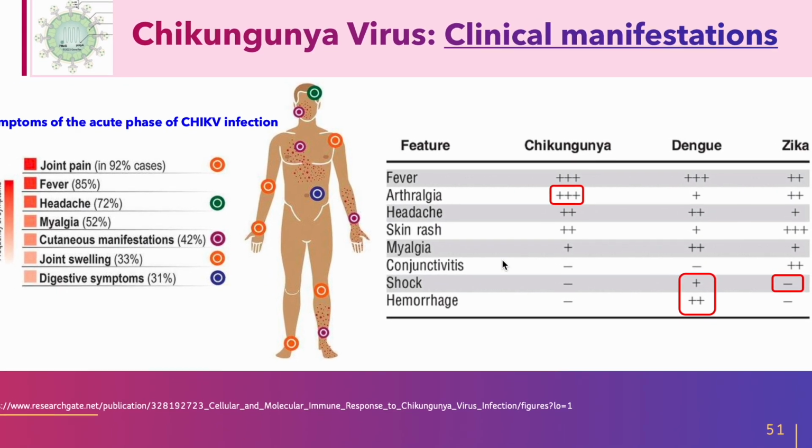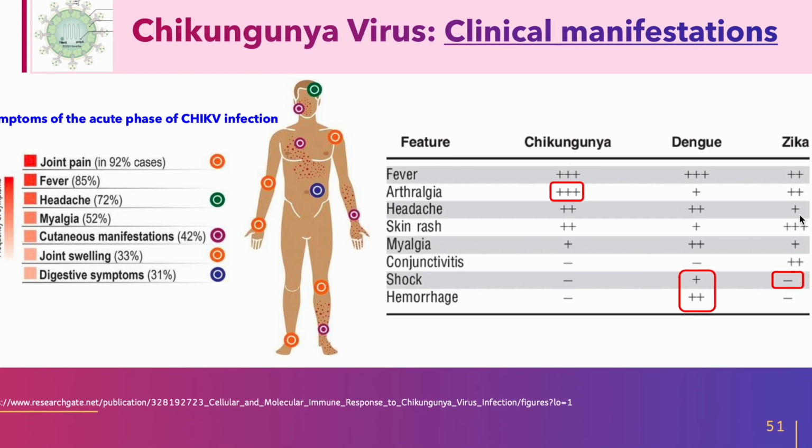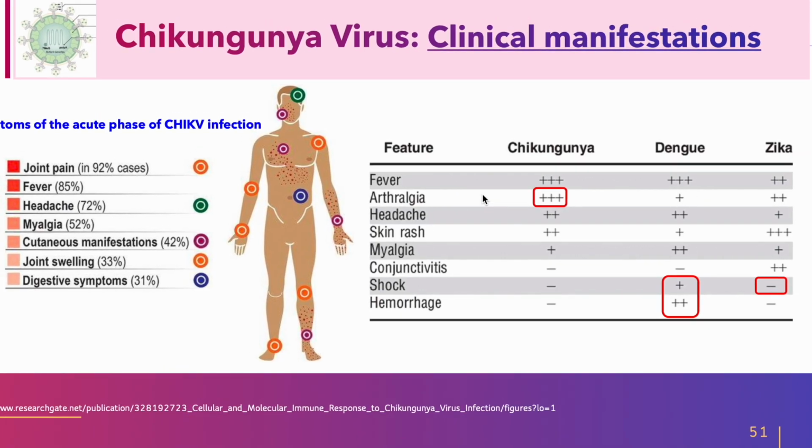To make it easier, you can see in this table the characteristic differences between chikungunya, dengue, and Zika virus, which are arboviruses. For chikungunya, the key symptom is arthralgia, which is joint inflammation.